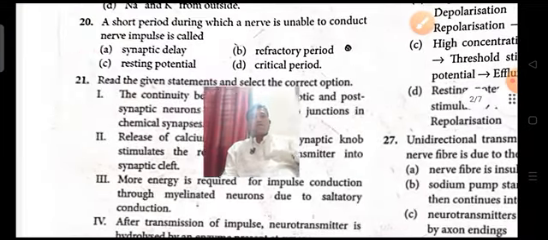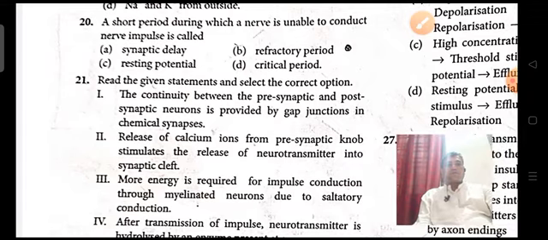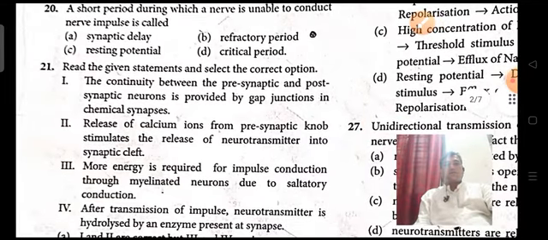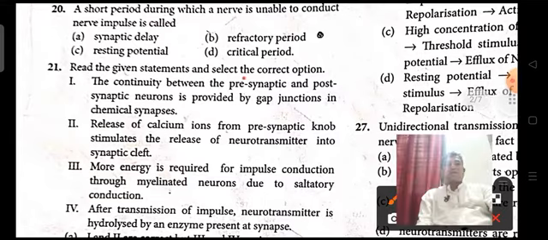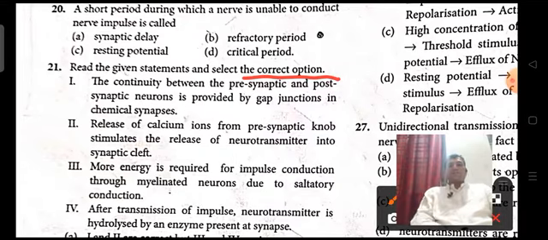Next, here you are seeing a statement with four important points taken into consideration. Read the given statements and select the correct option. Continuity between the presynaptic and postsynaptic neuron is provided by gap junctions in chemical synapses.